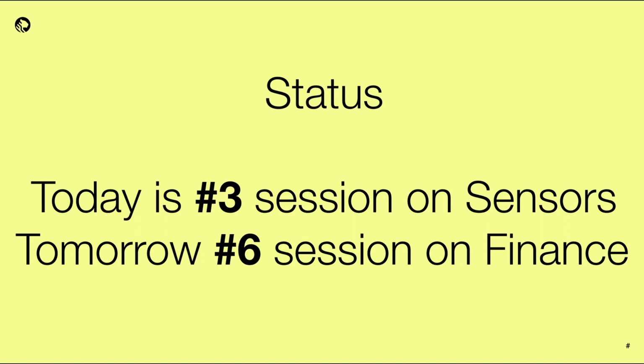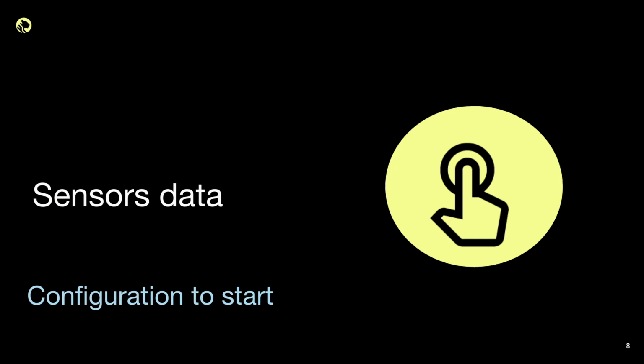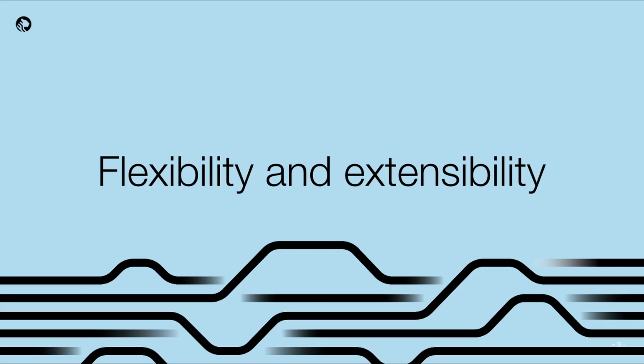So if you have any problem, if you want to share it in the chat, we can try to answer it at the end of the session. And that's how we define it, we say we are going to talk about sensors data, and it's very generic. We can have very different settings of sensors data, and that's why we chose a flexible and extensible configuration.